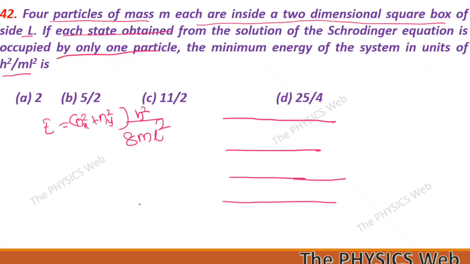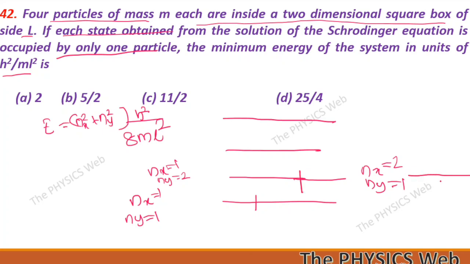So the ground state will be nx equals 1, ny equals 1, so there will be one particle. Now in the first excited state, nx will be 1, ny will be 2, and in another case nx can be 2, ny can be 1. So this state has a degenerate state. Here will be one particle, here will be one particle, and the next particle will be in the next excited state. That will be nx equals 2, ny equals 2.